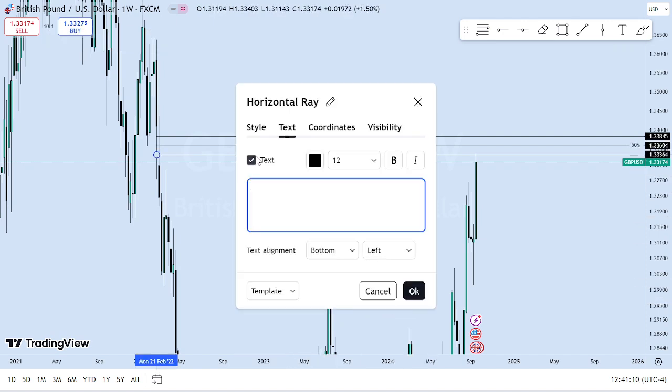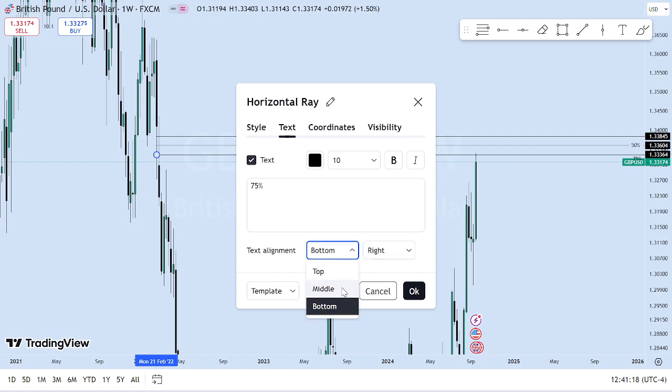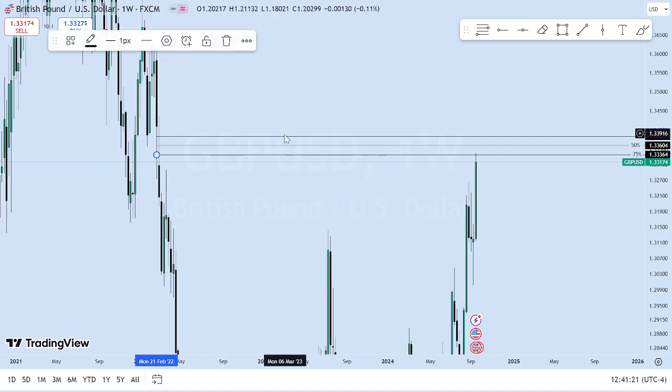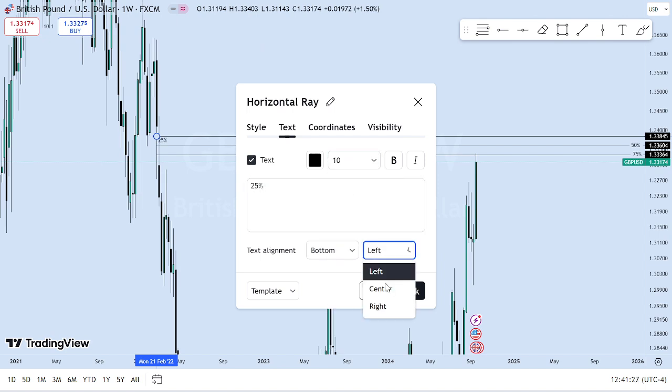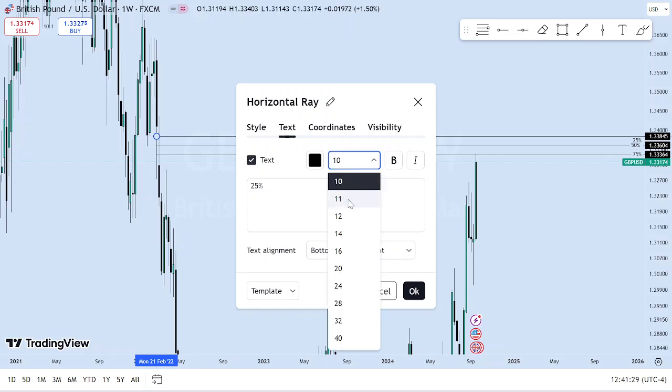Here is our 75% level. Put it at the right side, the middle. While this is our 25% level. You can make yours bold, but I just prefer size 10, the middle.